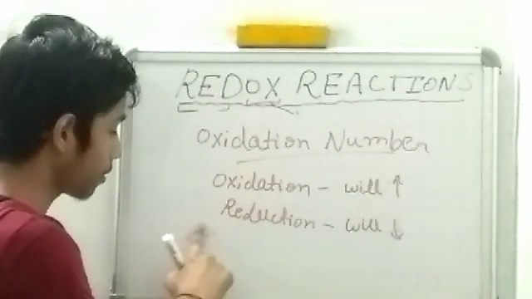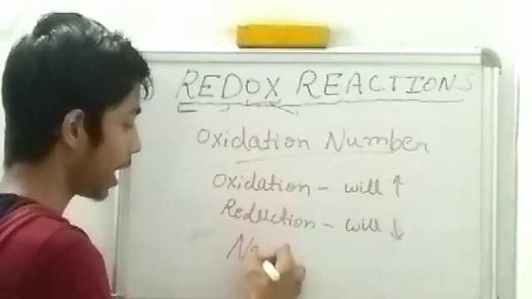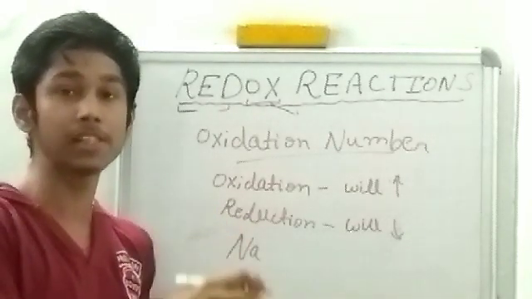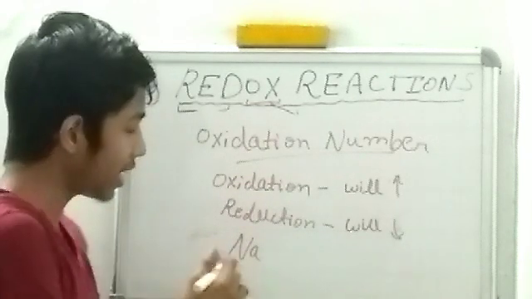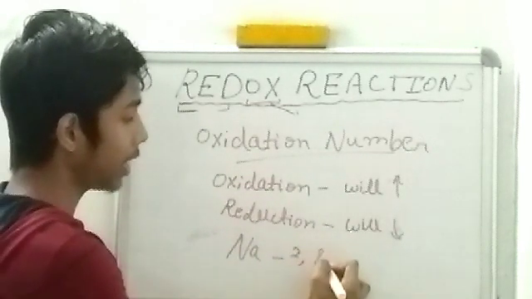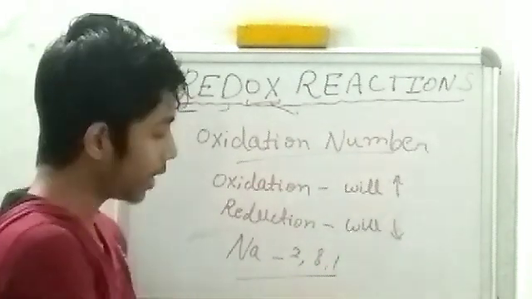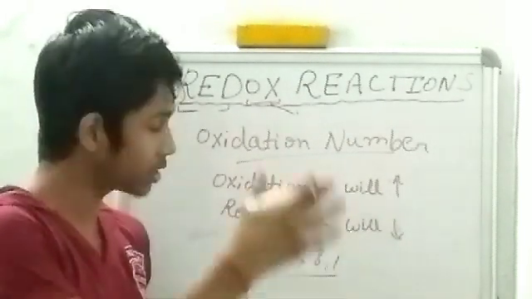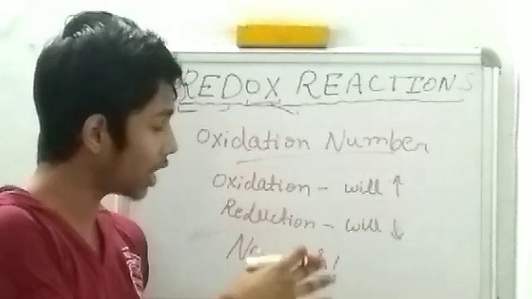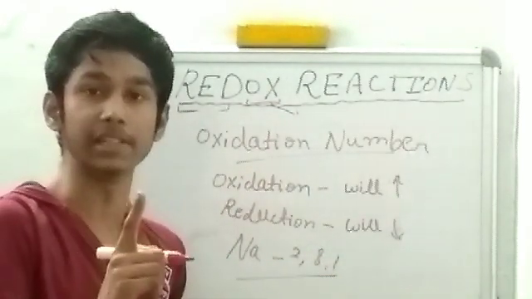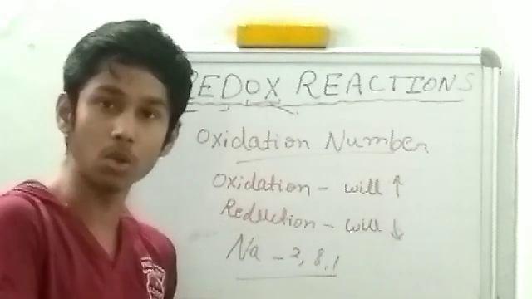Here it is Na, sodium, right? The electronic configuration of Na is 2, 8, 1, right? So this is unstable because in the last shell only one electron is present, but it should be 0 or 8.